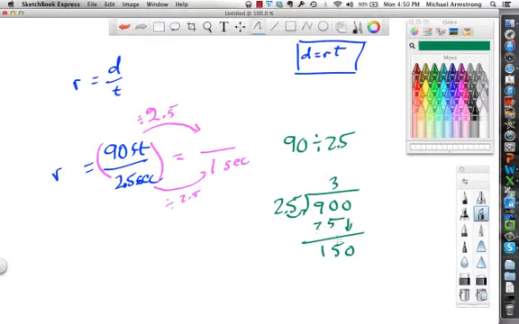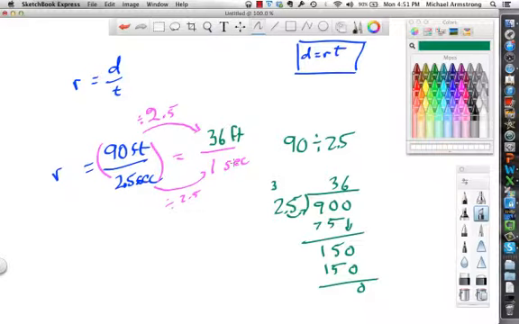And 25 goes into 150. Well, there's 4 quarters in a dollar, and plus 2 more for 50 cents. So 6 times 5 is 30. 6 times 2 is 12. 13, 14, 15. Works. So 36 times. So 90 feet in 2.5 seconds is 36 feet per second.